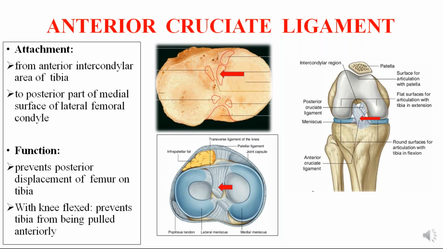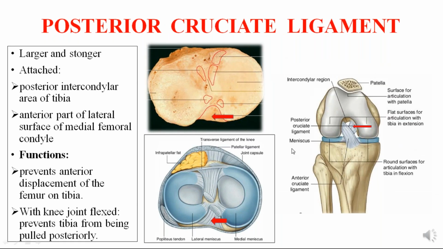Because it is attached onto the tibia anteriorly, it prevents the posterior displacement of femur. And when the knee is flexed, that means the tibia is free, it will prevent the tibia from being pulled anteriorly. So the tibia can't move anteriorly because it is still held with the posterior portions of the femoral condyles.